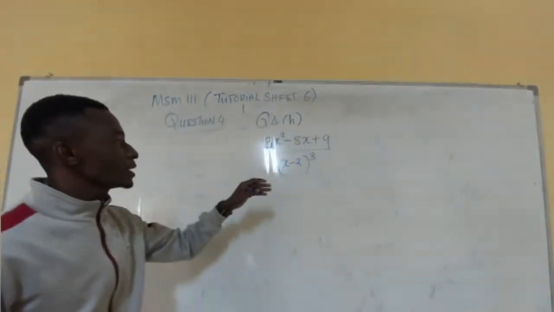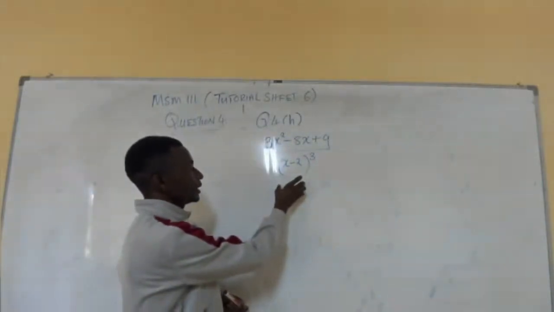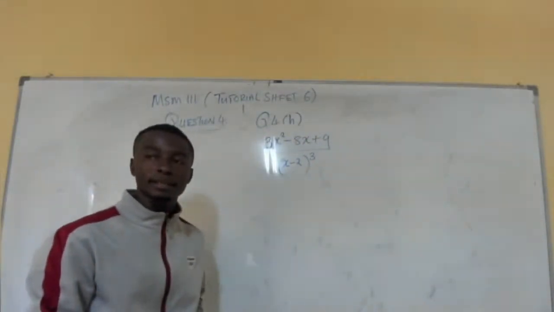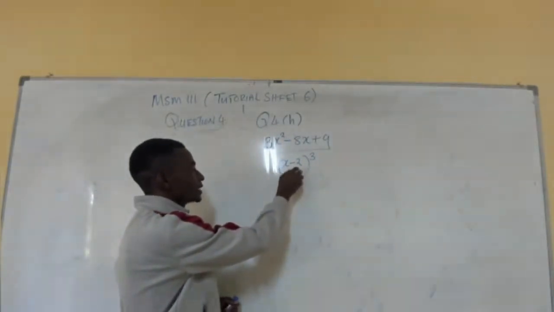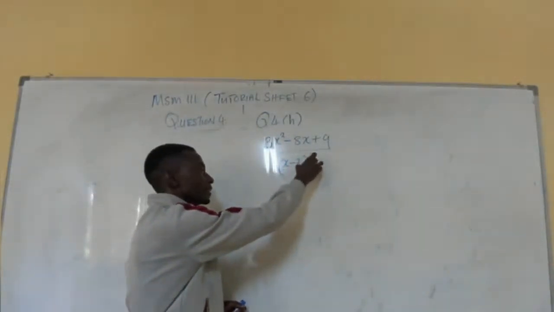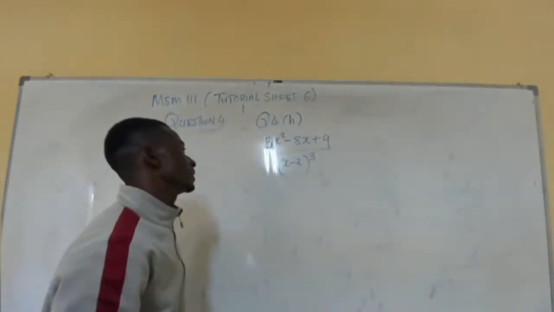If you have a question like this one, the denominator is called a repeated linear factor, because the x minus 2 is multiplying itself 3 times.